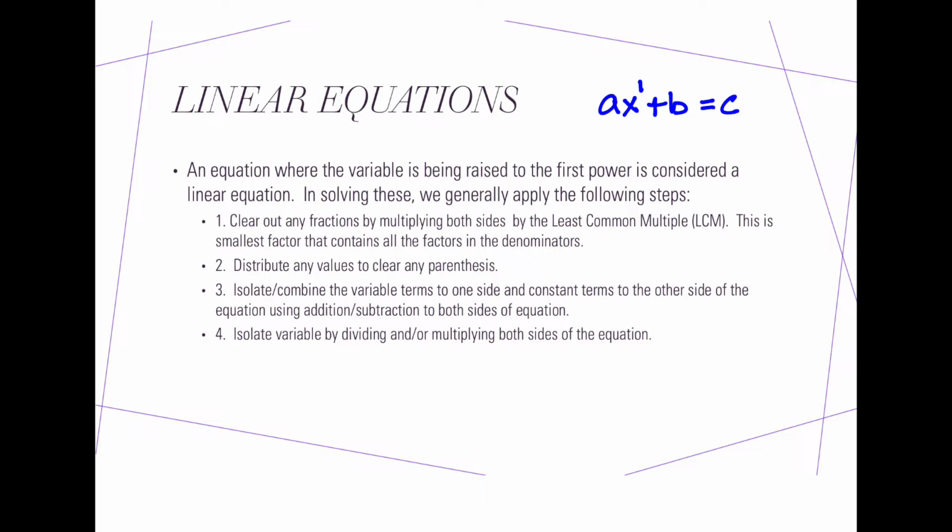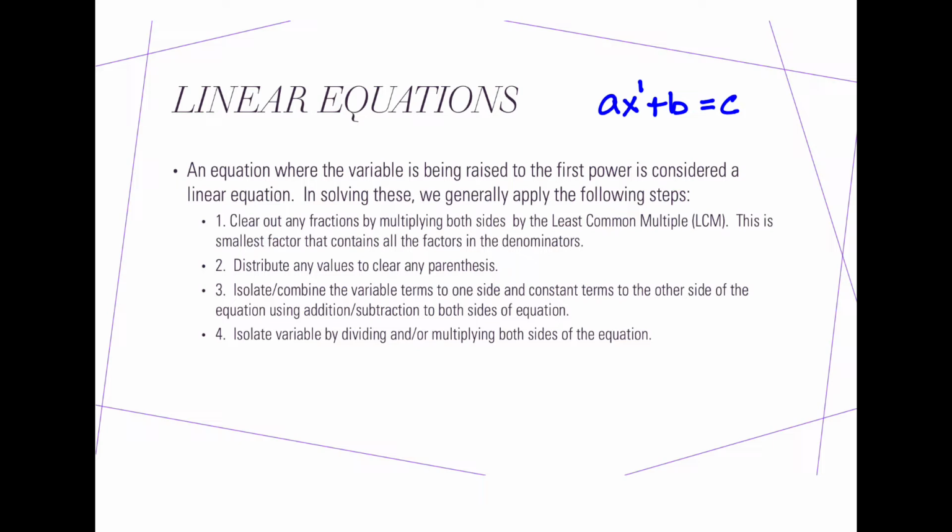And then second, if we have any values or expressions that are in parentheses where we need to do some multiplication, we want to go ahead and distribute all those and clear out any parentheses. So these first two steps are really to get it so that my equation has all the terms of the equation separated by pluses and minuses.